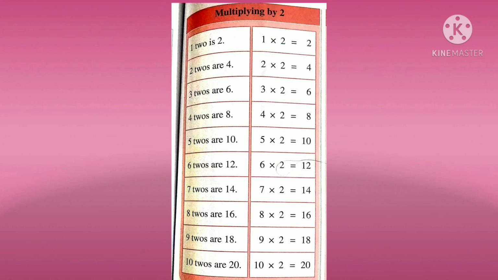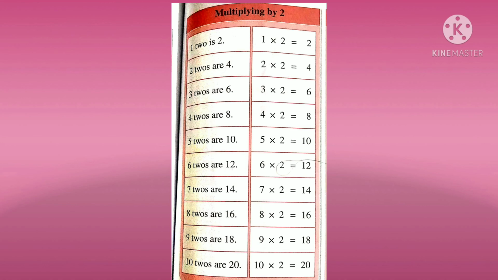Now we will learn the multiplication table of 2. 1 2 is 2, 2 2s are 4, 3 2s are 6, 4 2s are 8, 5 2s are 10, 6 2s are 12, 7 2s are 14, 8 2s are 16, 9 2s are 18, 10 2s are 20.